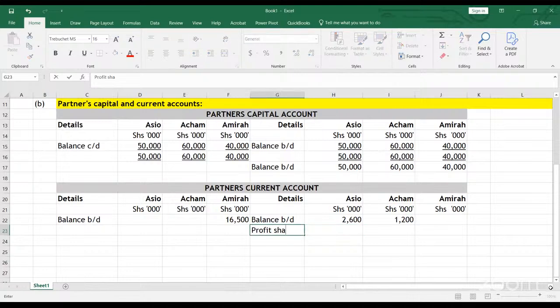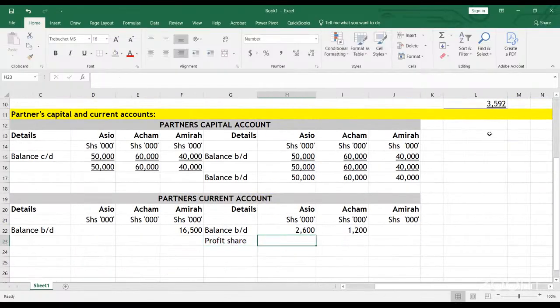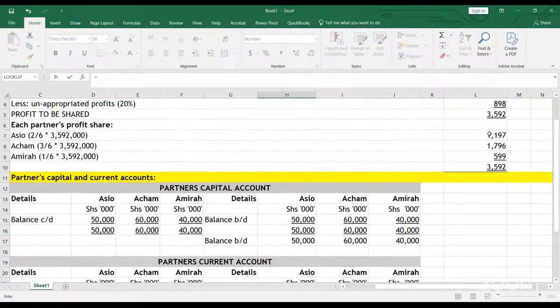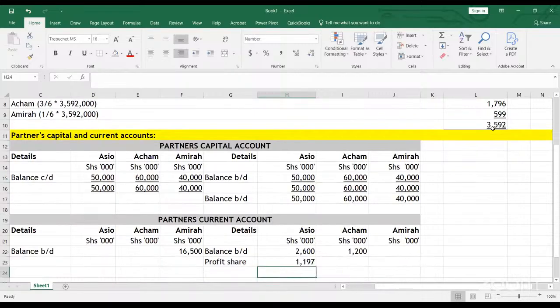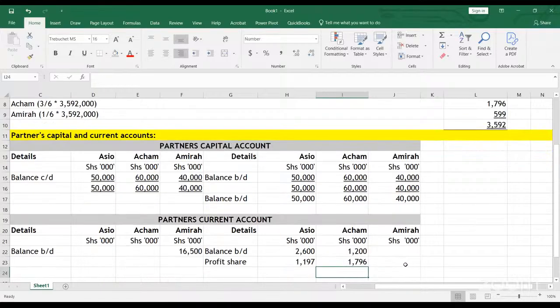Next we increase this account. If it was a loss, we would decrease it, but we have some profit shares here. The profit share of ASIO was 1,197,000. Then for ACIAM, it was 1,796,000. And then for Amira, it's 599,000.